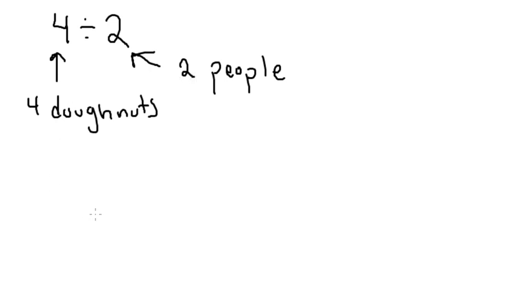So one way that we can do that is we can draw a little picture of a person. When we want to make sure that we are distributing these donuts evenly. So if we have this person and we have this person, we can start by giving a donut to this person.